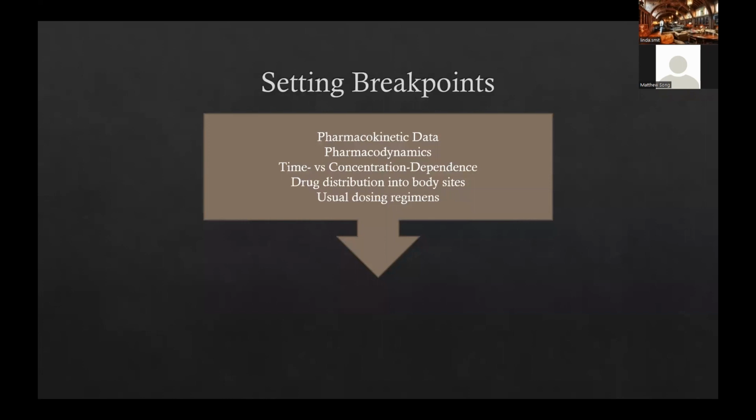This is the kind of stuff that's going to be done all during development of a new antibiotic, all the research that goes into it, all the animal studies, all the very early clinical trials of it. They're going to come up with all this information. They're going to look at the pharmacokinetics. They're going to look at the pharmacodynamics, how it behaves in that particular bug.